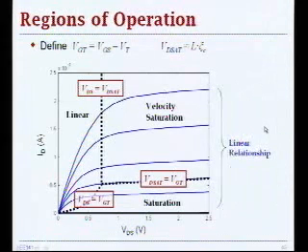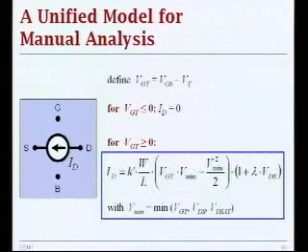So now we have a linear relationship for the velocity saturated device. As I said, it's good to know where all these effects come from, but ultimately what you would want as a designer is a really simple model for hand analysis. This effect of velocity saturation can be modeled in various ways.